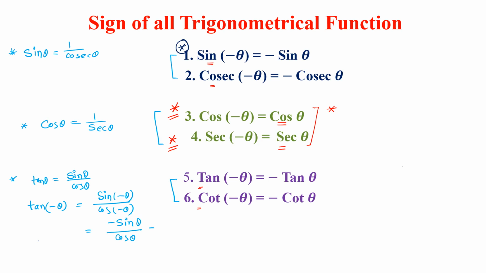So again, minus sine theta by cos theta is minus tan theta. So ultimately we can prove that tan of minus theta is equal to minus tan theta. Because tan theta equals 1 by cot theta, they are correlated, so tan theta and cot theta also become negative for negative angles.